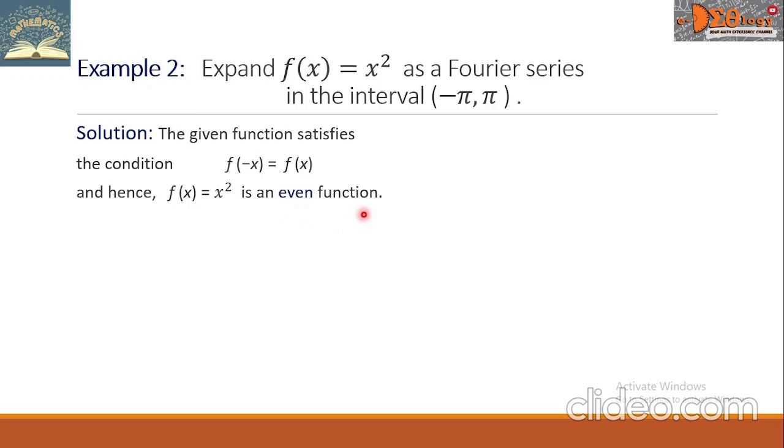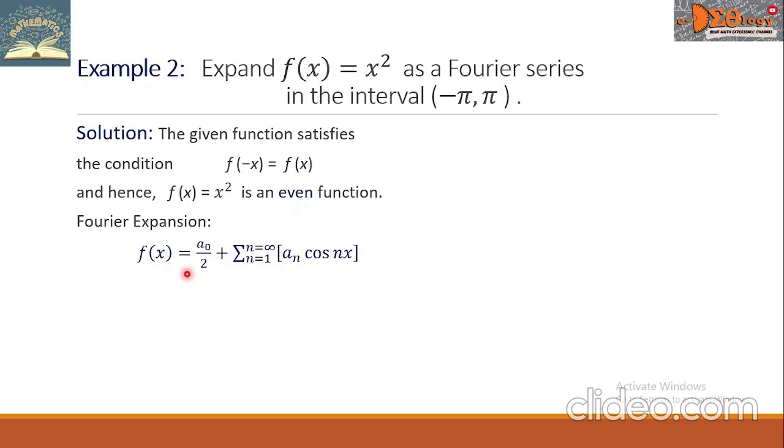And for even function, the Fourier expansion is simplified into this formula. F of x equals a sub 0 over 2 plus the summation from n equals 1 up to n equals infinity of this function a sub n times cosine nx.